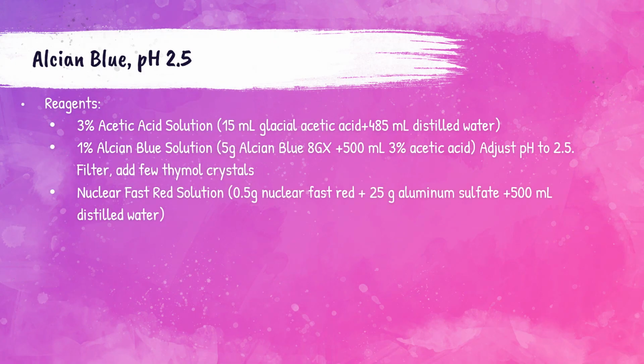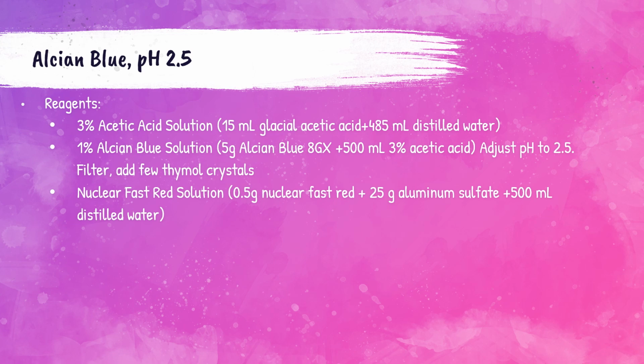The reagents needed for the Alcian blue pH of 2.5 stain are 3% acetic acid solution. This can be prepared by mixing 15 milliliters of glacial acetic acid and 485 milliliters of distilled water. 1% Alcian blue solution is created with a combination of 5 grams of Alcian blue 8GX and 500 milliliters of 3% acetic acid.